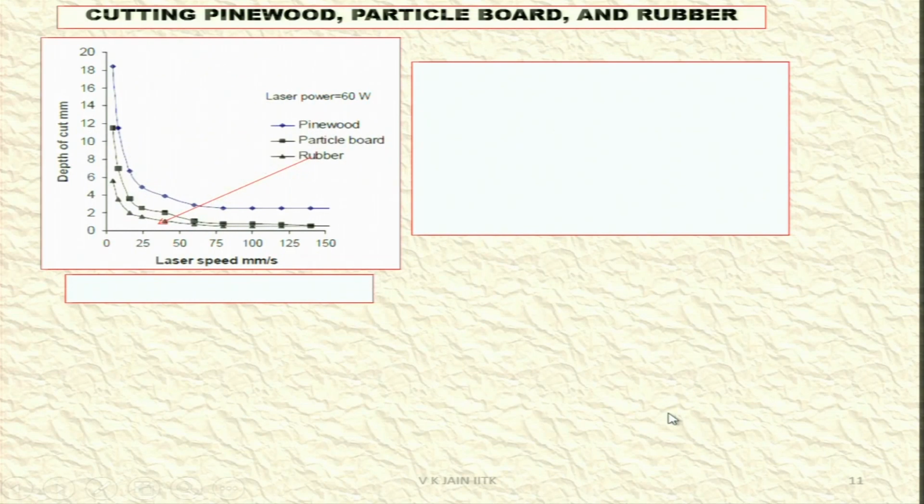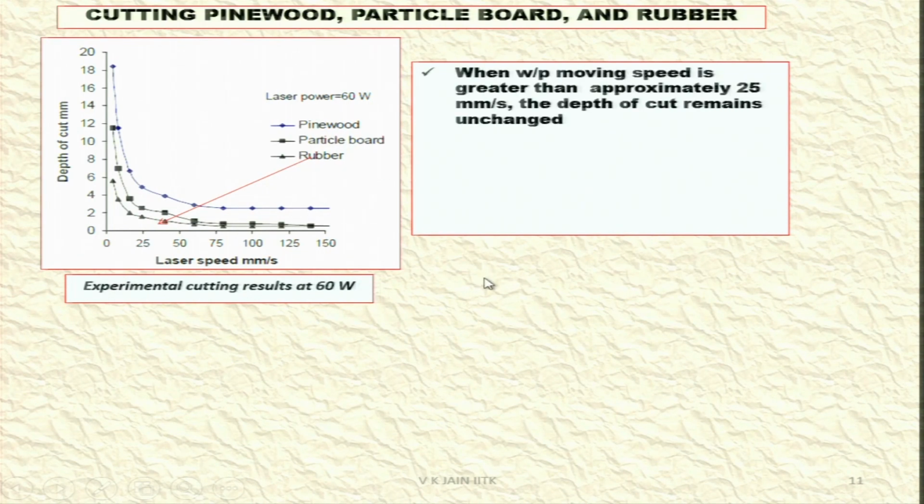Cutting pine wood, you can see here different results are given. This is for the rubber, and then there is pine wood, particle board, and so on. When workpiece moving speed is greater than approximately 25 millimeter per second, the depth of cut remains unchanged.